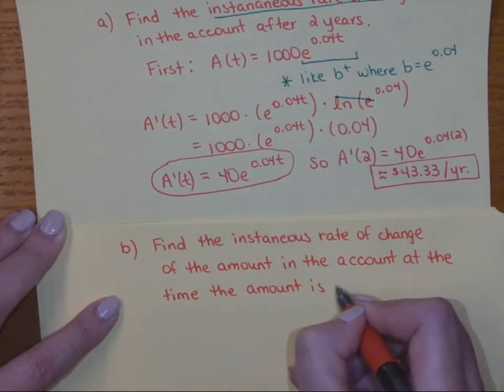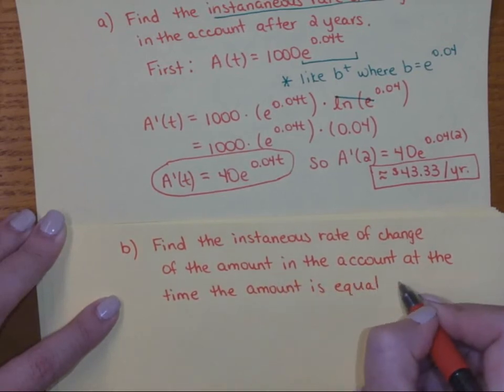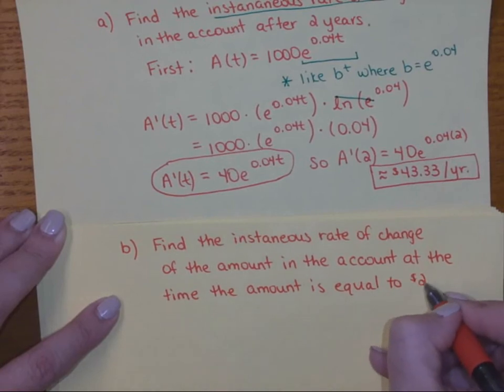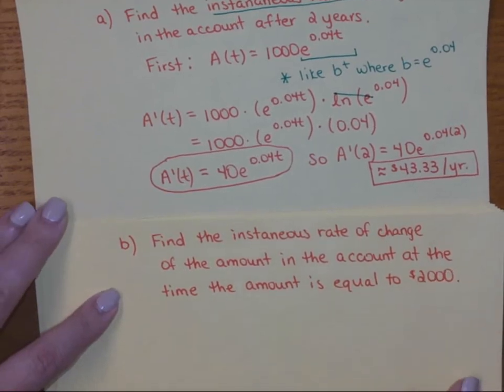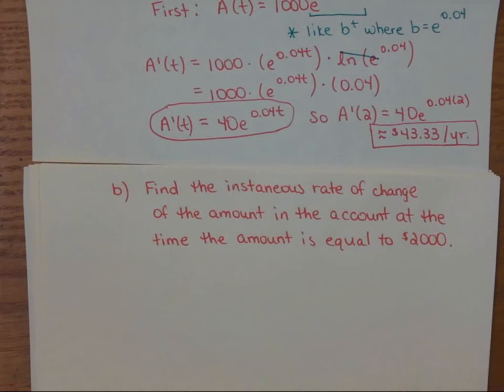So rather than giving you a specific time period like I did in Part A, I'm asking you to kind of find what time it would be that you have an account balance equal to $2,000.